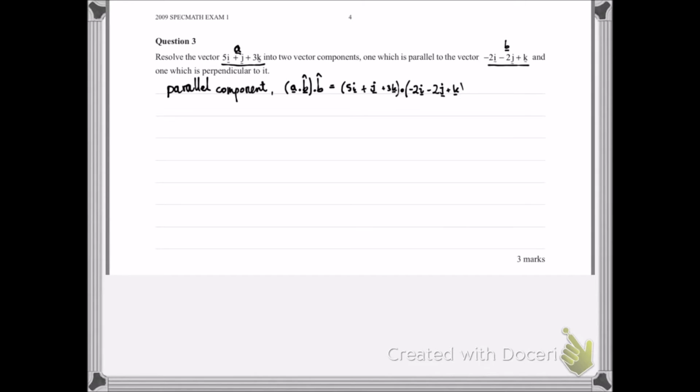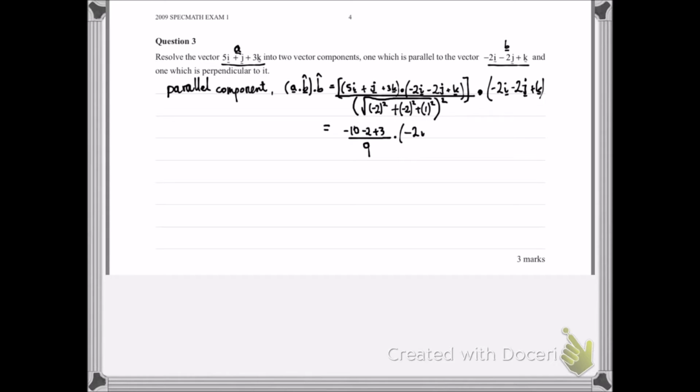So here we go. That's the first bit, the dot product. Now we're dividing by the modulus of vector b squared, because we've got two unit vectors, b hat, and so we're dividing by two factors of the modulus. Okay, that's why we've got the modulus squared.